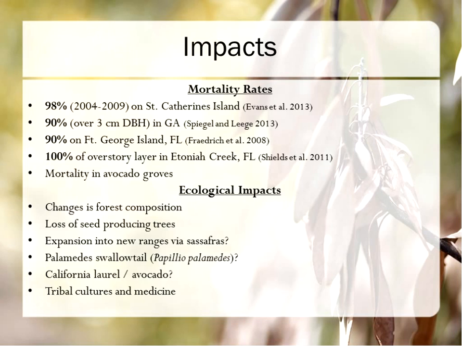Can they get large enough to produce seed in the future? That's still something that's up in the air. Sassafras is another host, and as redbay is leaving the area, the disease will move into the area that is occupied by sassafras, and that's a new jump in the range that we don't know how far it will go into the range of sassafras, so that's another unknown.